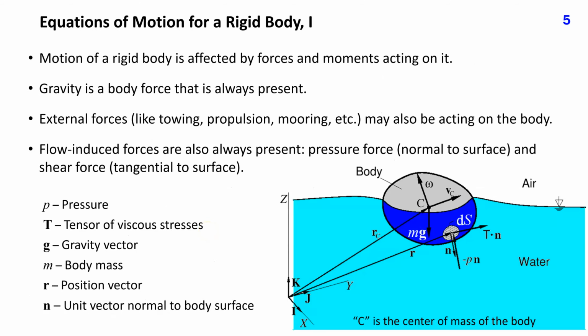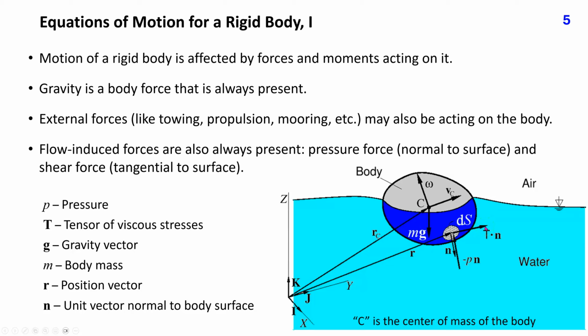Motion of a rigid body is affected by forces and moments acting on it. Gravity is a body force that is always present. External forces, for example, resulting from towing, propulsion, mooring, etc., may also be acting on the body. Flow-induced forces are also always present: pressure force, acting normal to body surface, and shear force, acting tangential to body surface.